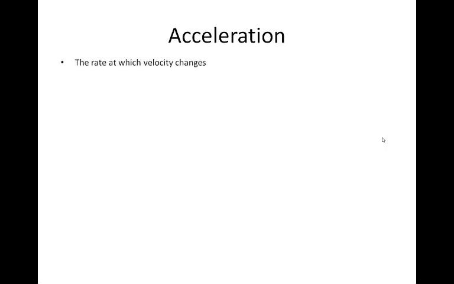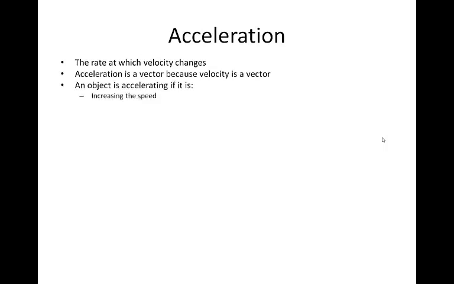Acceleration. Acceleration is the rate at which velocity changes. Now there is no scalar equivalent to acceleration. Acceleration is a vector because velocity is a vector. An object is accelerating if it is increasing its speed, decreasing its speed, or changing direction.